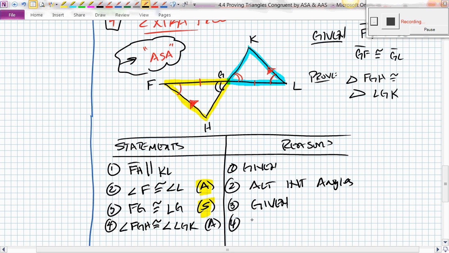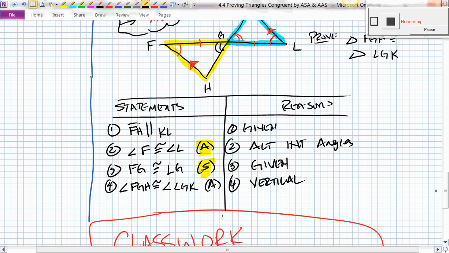So the reason that is true is because they're vertical. And so now I have enough information in my proof. I've shown angle, side, angle. So I'm allowed to say, all right, triangle FGH is now congruent to triangle LGK. And the reason is the angle, side, angle congruence postulate.